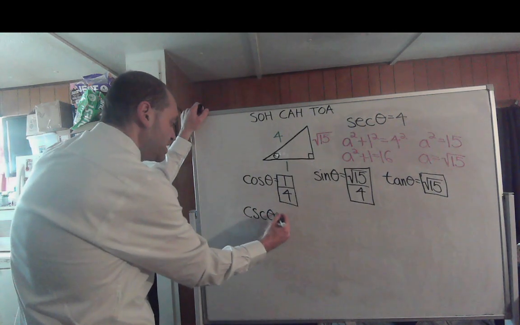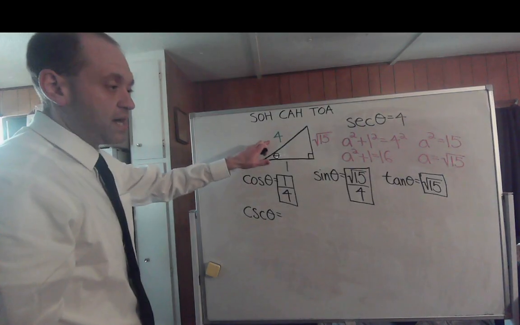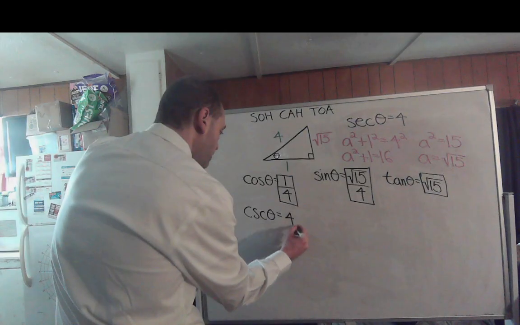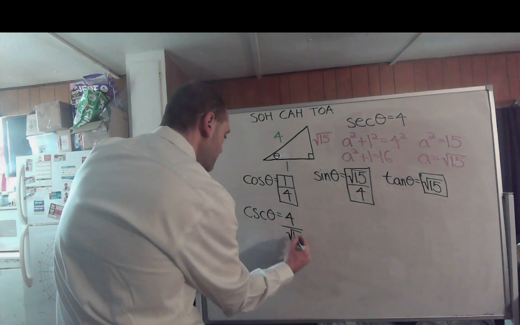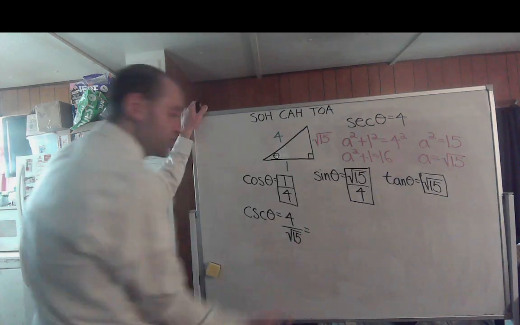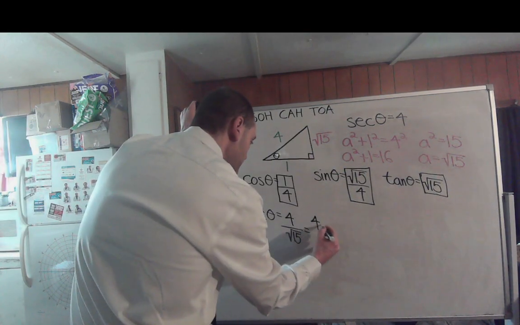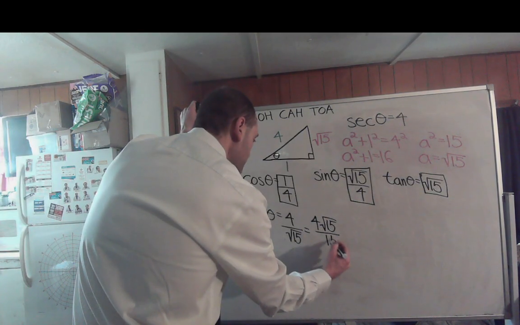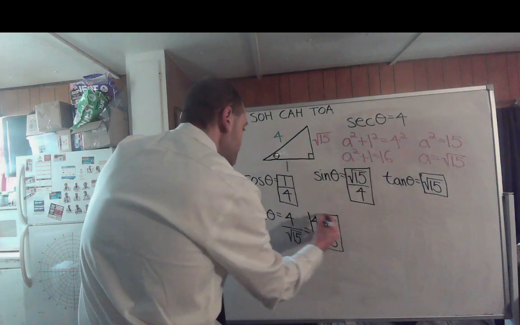So the cosecant of the angle, of course, is the hypotenuse over the opposite. So that's going to be 4 over the square root of 15, which when you rationalize this will turn into 4 times the square root of 15 all over 15. That would be your cosecant of theta.